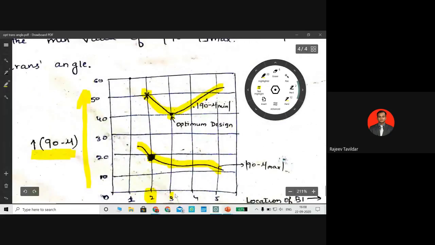Now let me come to curve number 3. Here 90 minus mu max, I got it as 15 degrees. So I have marked it over here. And 90 minus mu min, I'm going to get it somewhere around 42 degrees. So I'm marking it over here. Similarly, you do it for curve number 4 also. 90 minus mu max, you might get somewhere around 18 degrees.